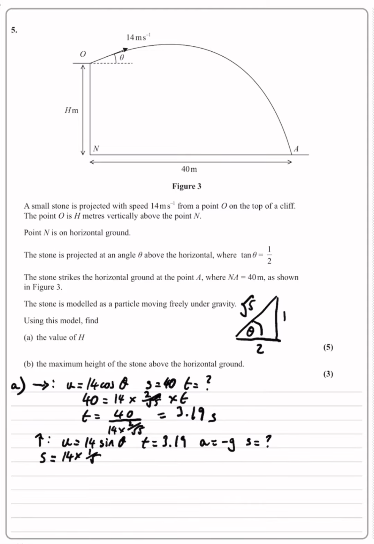So s equals 14 times 1 over the square root of 5 times 3.19, plus a half times negative 9.8 times 3.19 squared. And that comes out as negative 30, so it's 30 meters below where it started. And so our height, h, is going to be 30.